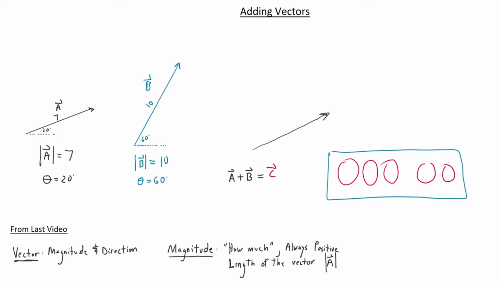And then, where A left off, I continue drawing the second vector, B. And then as a whole, the sum will be from the very beginning to the very end. So this is my C. This is my sum, also known as the resultant.